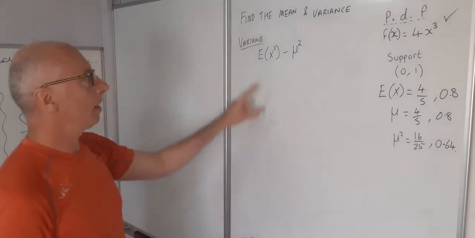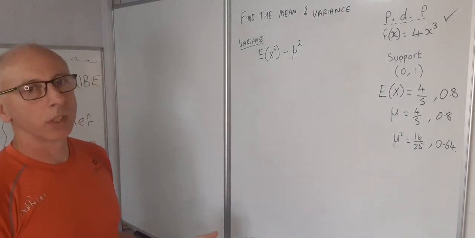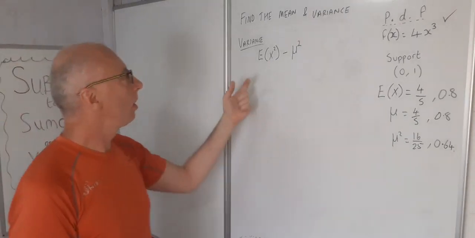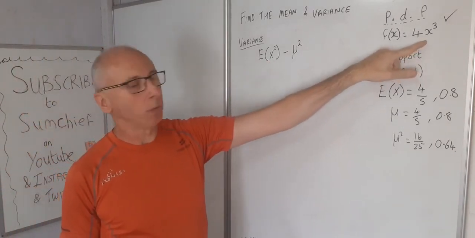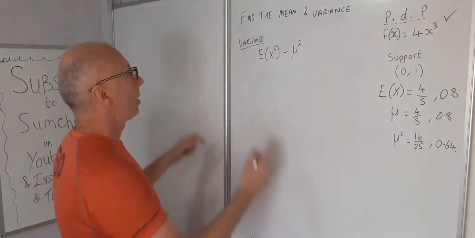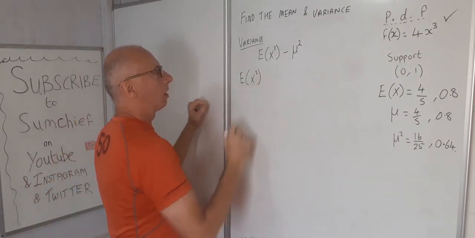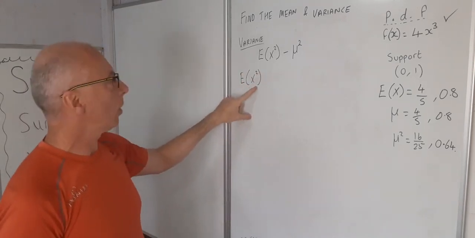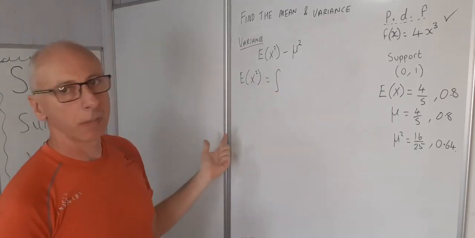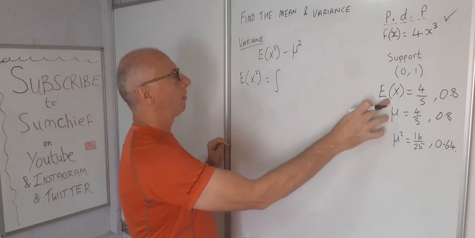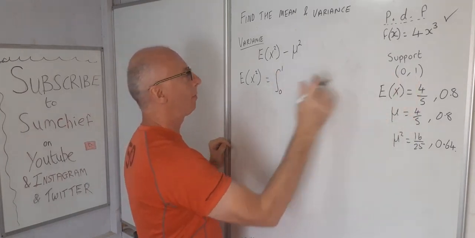Now we need to find this E of X squared. Now for the second moment, I've got some videos where we go through some of these moments and how to calculate them. This one is pretty straightforward. We've got the PDF. So what we can do is, same way we calculated the mean, we now look for the expected value of X squared, which is the integral, as we did before for the expectation of X. So same support, 0 to 1.